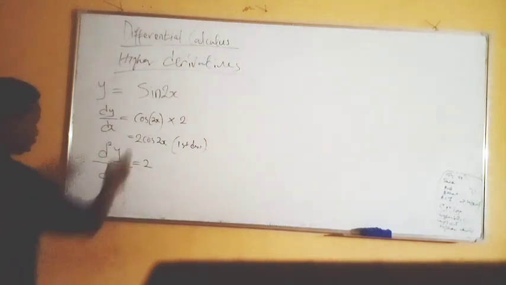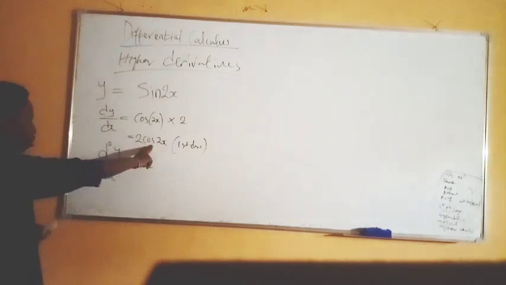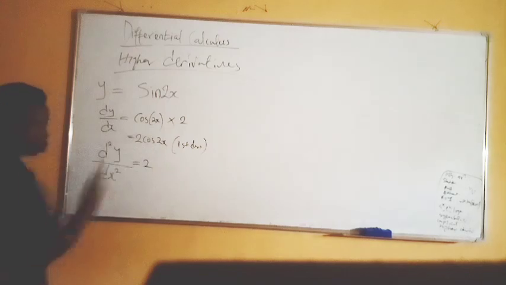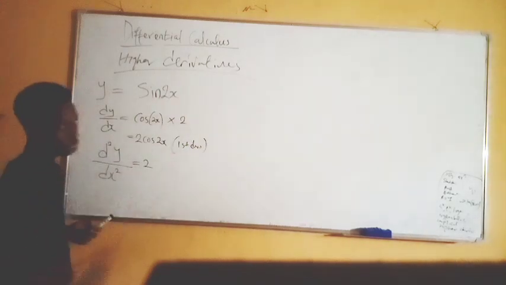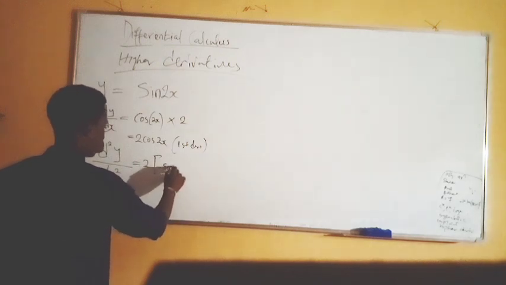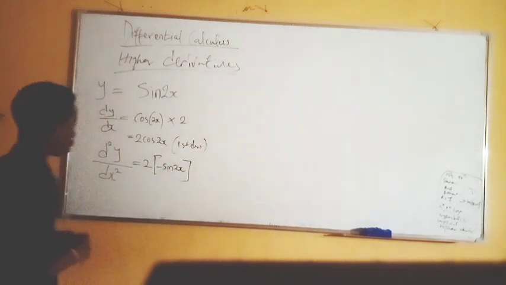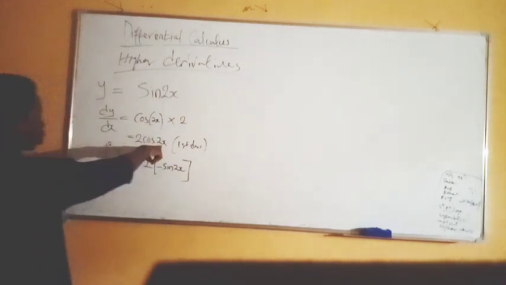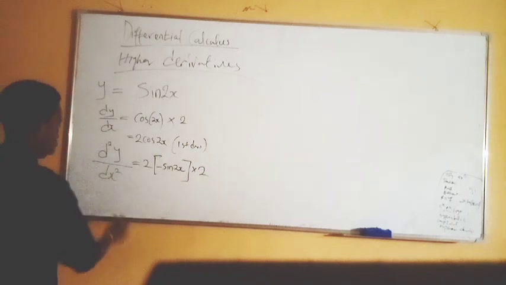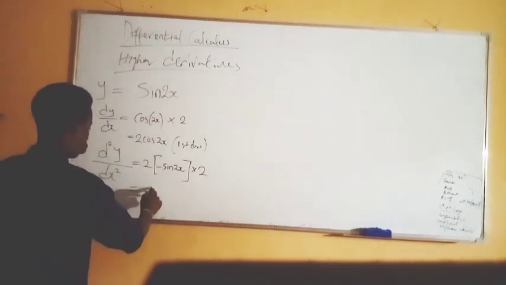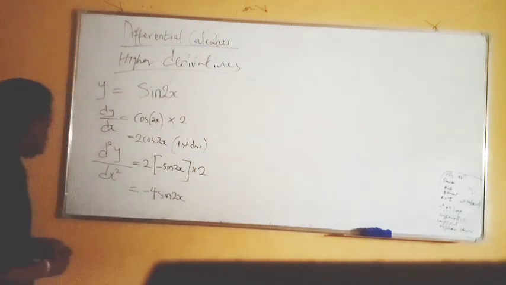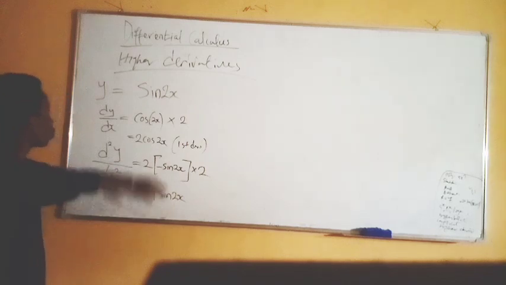And then, in our standard derivatives, if I differentiate a cos function, I get a negative sine function, so I get minus sine 2x. I also have to differentiate the 2x, which leaves me with 2. So if I multiply all through, I have minus 4 sine 2x. This is the second derivative of this function.